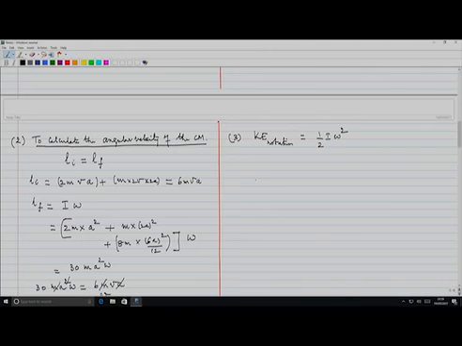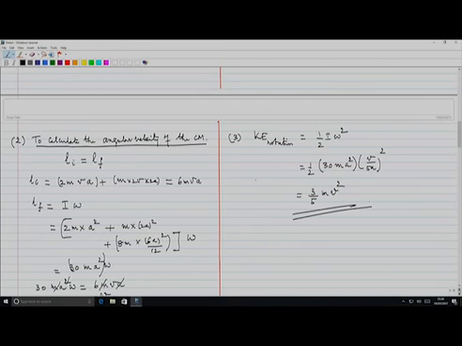So this is equal to half into 30 ma squared times omega squared, v by 5a the whole squared, that will give you 3 by 5 m v squared.